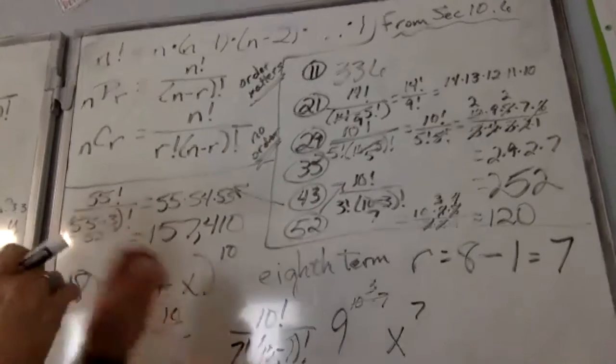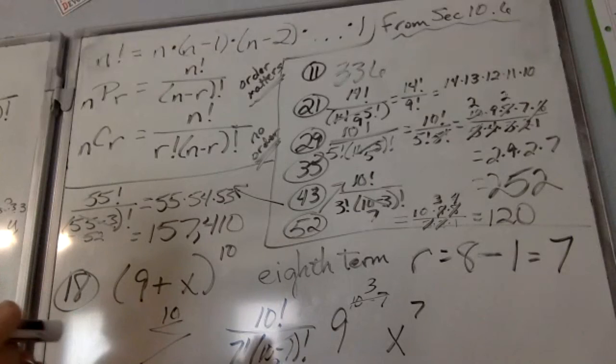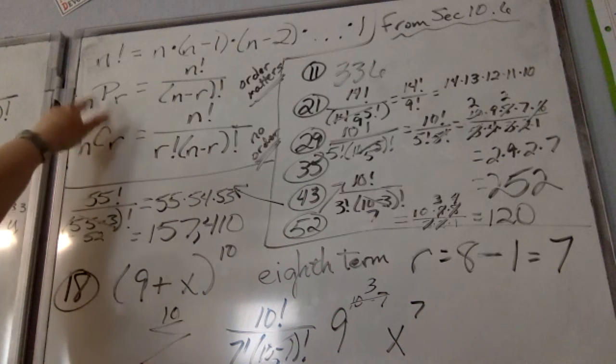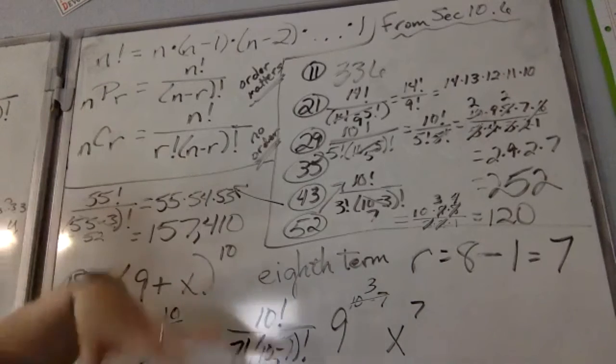So I would have 10 times 10 times 10. That would be the number of possible combinations for my security code. Okay? So you do have one question that's like that. But all the rest are permutations or combinations. If it talks about order, it's a permutation. If there's no order, it doesn't matter. They can be picked any way. It's a combination.